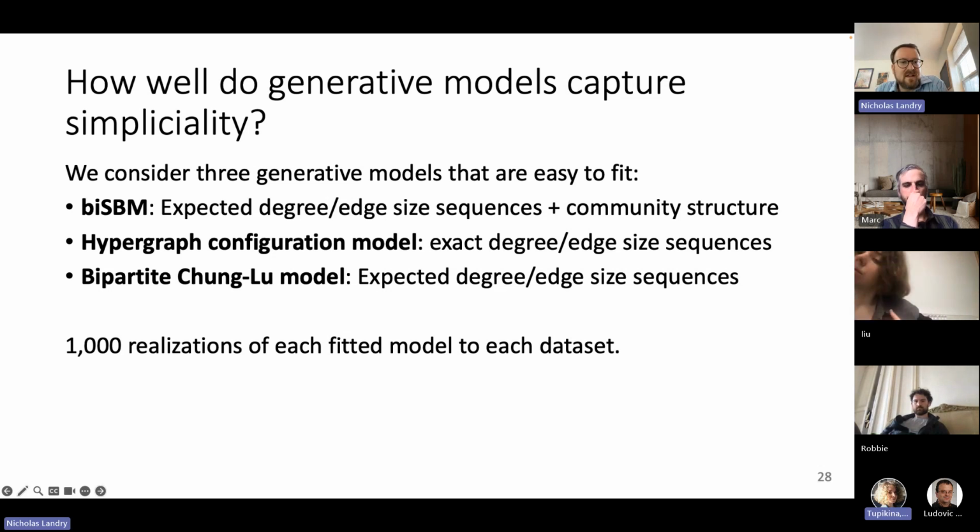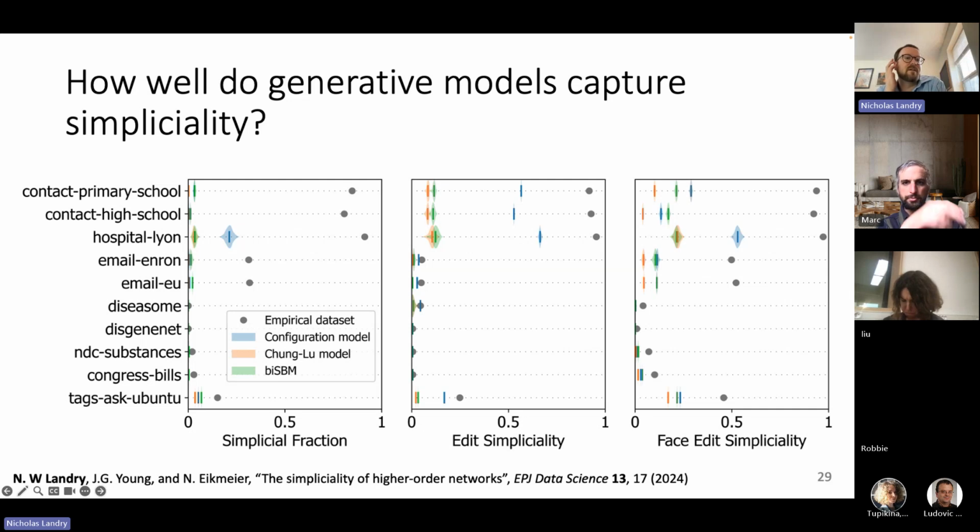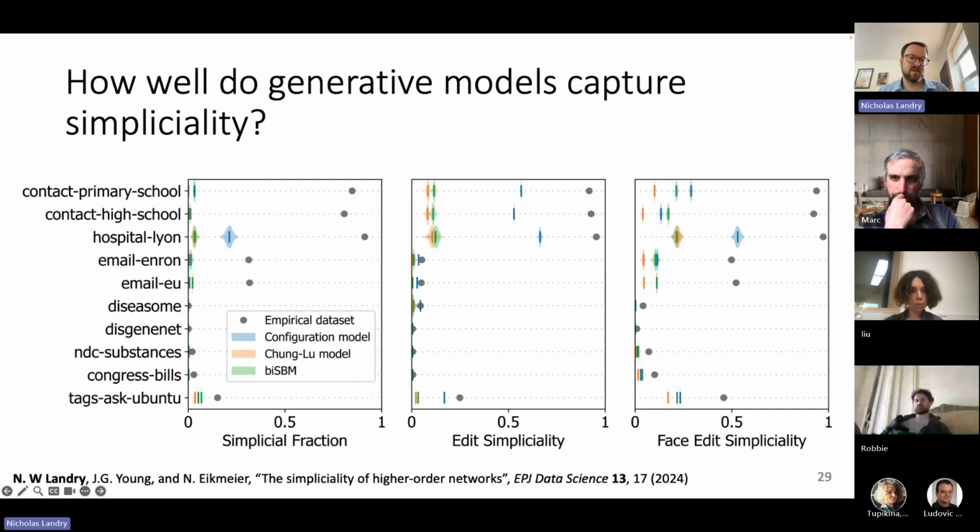So the question is, if I take 1,000 realizations of each of these fitted models, how well do they capture simpliciality? And the answer is not well, in my opinion. Whenever you've got a non-trivial value of simpliciality, it seems like our models fail to capture those values.